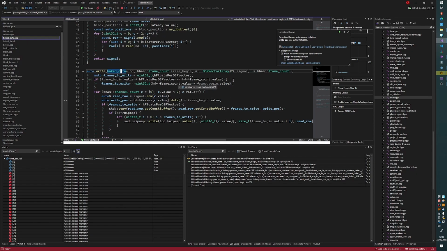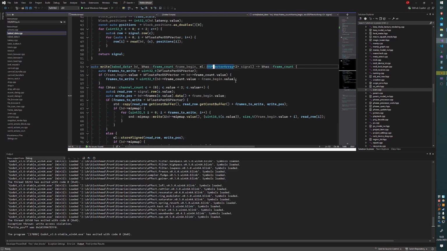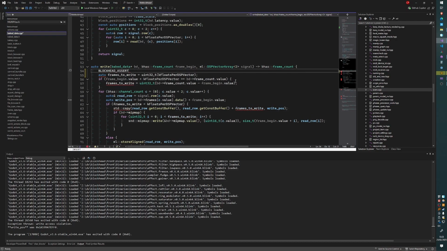I will put an assert here though, so it doesn't just crash. We'll throw an exception if frame begin is greater than or equal to the frame count.